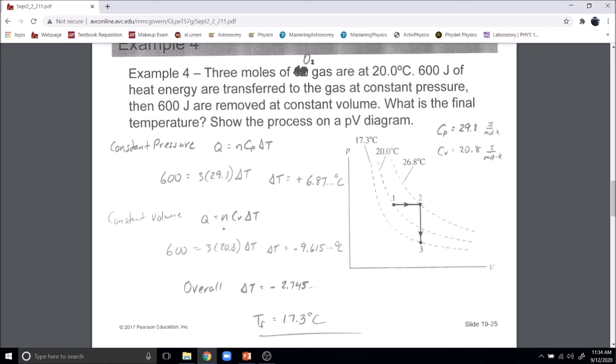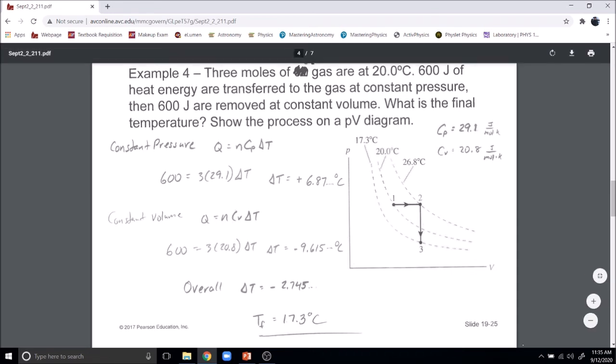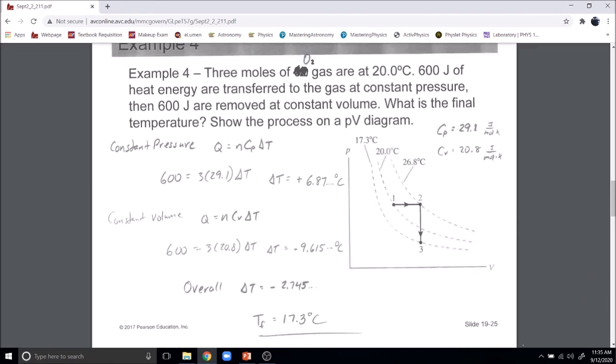It doesn't matter if there's work being done or not. My point is this: these are statements for Q. When you go outside of Q and look at internal energy, we stick with nCv delta T. That always works, and that goes way back to our kinetic theory and what we worked out there in terms of the collective kinetic energy. We derived that a while ago. What chapter would that have been?